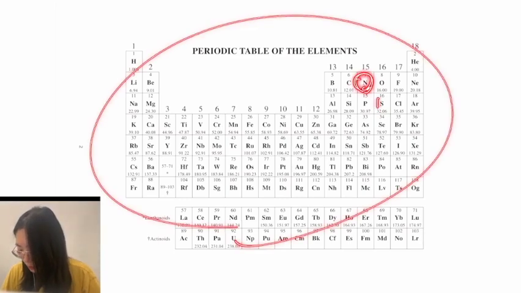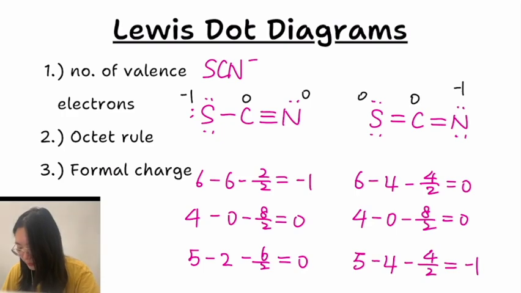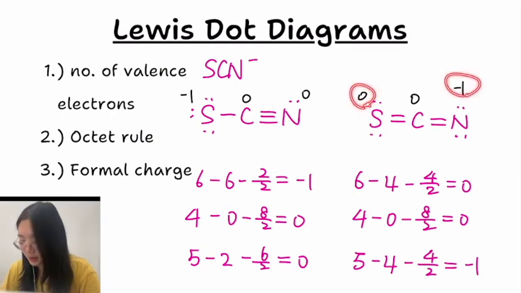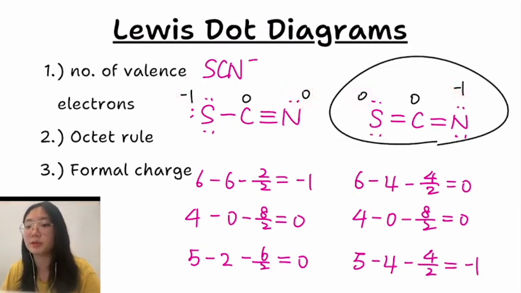So nitrogen is more electronegative than sulfur, which means nitrogen is more likely to carry that extra negative charge than sulfur. So nitrogen carrying negative 1 and sulfur carrying 0 is more appropriate than nitrogen carrying 0 and sulfur carrying negative 1. So the Lewis dot diagram on the right side is a more appropriate Lewis dot diagram.